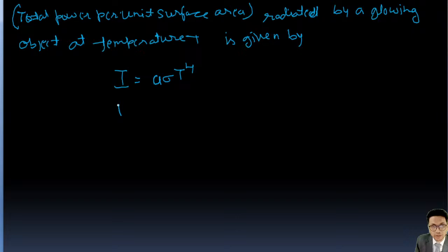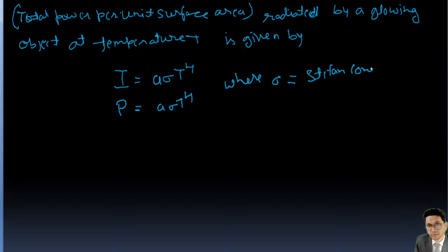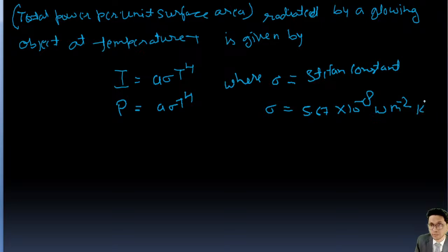Or, power per unit surface area equal to sigma T to the power 4, where sigma is the Stefan constant. The value of sigma is 5.67 into 10 to the power minus 8 watt per meter square per Kelvin to the power 4.